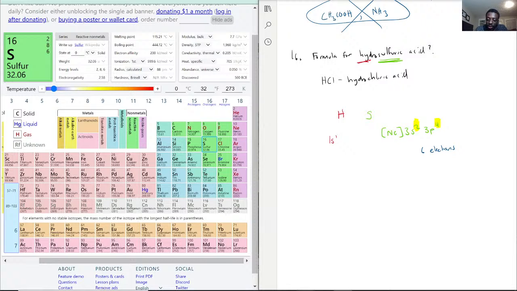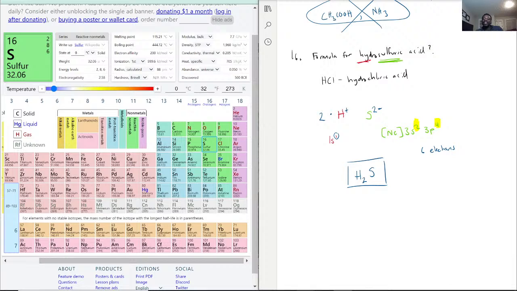So sulfur is typically 2 minus, and hydrogen is 1 plus, as we discussed with the 1s1. To balance it out, we need to multiply our hydrogen by 2. So hydrosulfuric acid will end up being H2S.